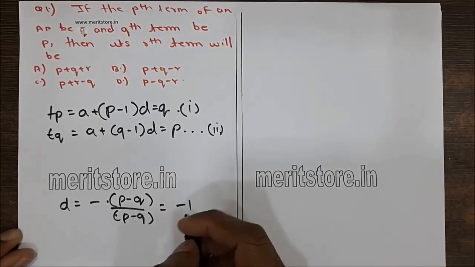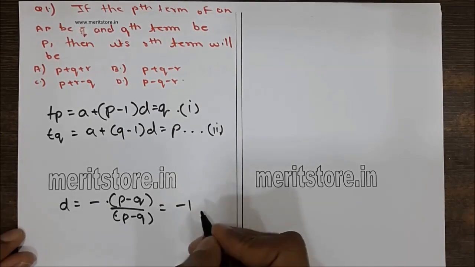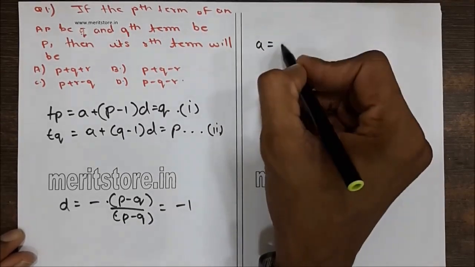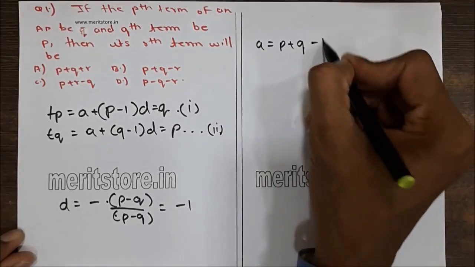Putting the value of D in equation 1, we get A is equal to P plus Q minus 1.